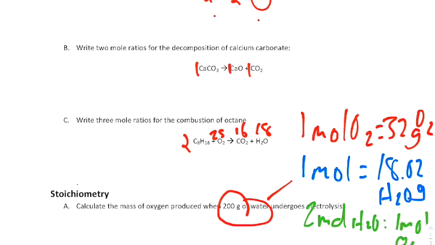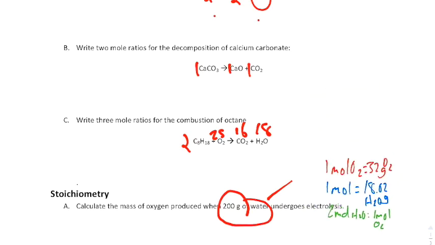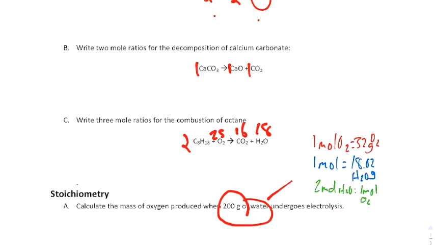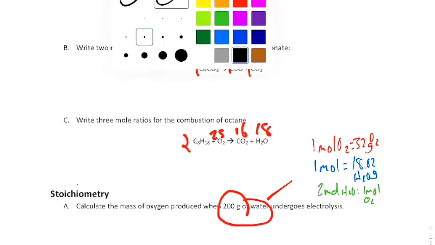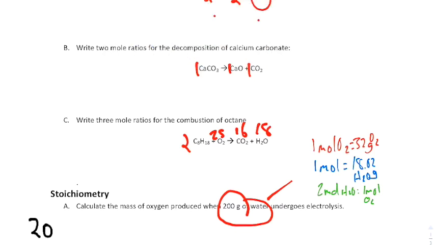Okay, we're going to take these and plug them into our dimensional analysis. I'll shrink them a little bit so we know what we're working with. We're starting with 200 grams of water.